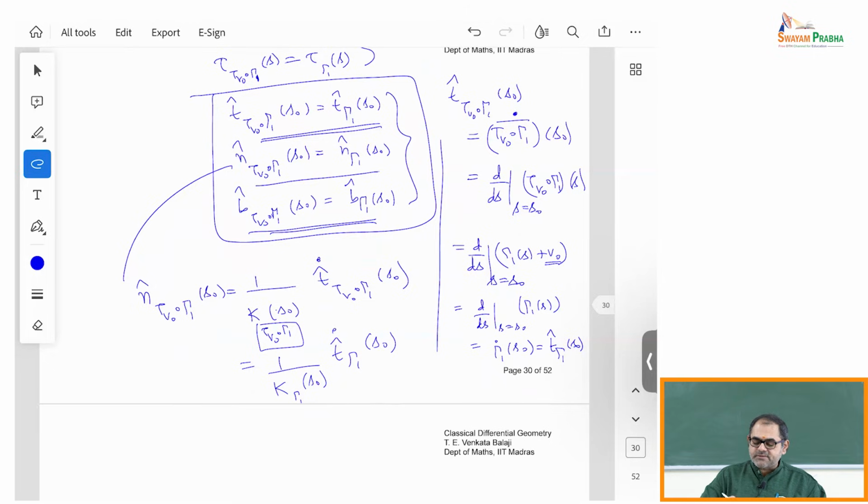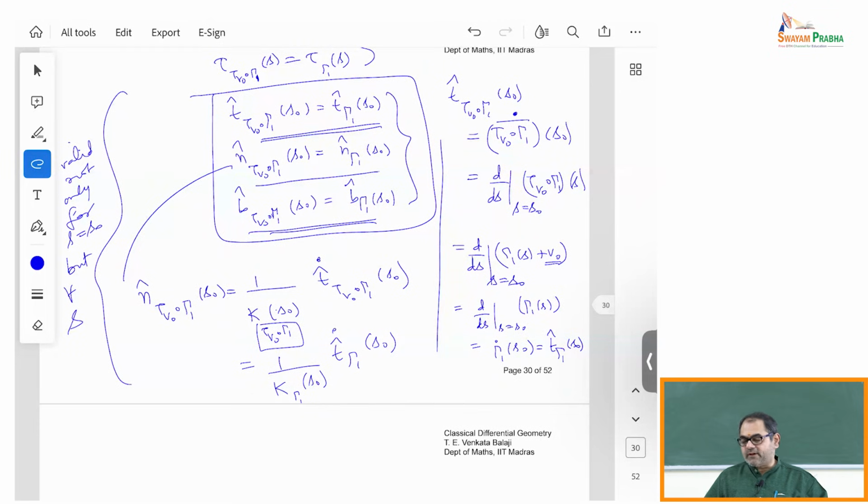And so what I want to say, I'll just write it here, is that this is valid not only for s equal to s naught, but for all s. Here I don't have to really be obsessed about s naught. I have to be obsessed about s naught only when I try to compare this translated curve T_v0 circle gamma 1 with gamma 2.